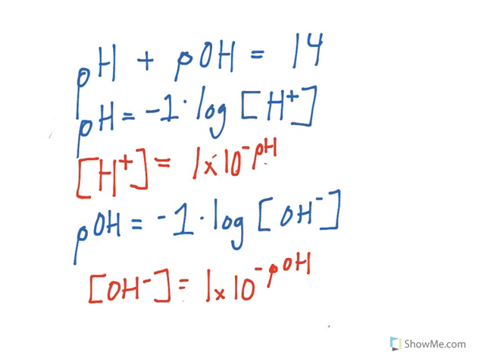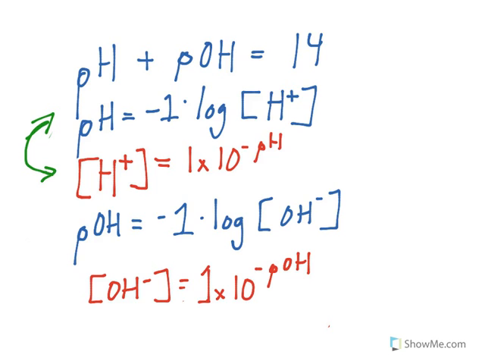These equations are not different equations, and the reason most books don't include them is because they're not different, even though they are true. They're really just rewritings of the equations listed right above them. Take pH is equal to -1 times the log of H plus ion concentration. If I use my log rules and rewrite that in exponential form, I get 1 times 10 to the negative pH, or really just 10 to the negative pH.